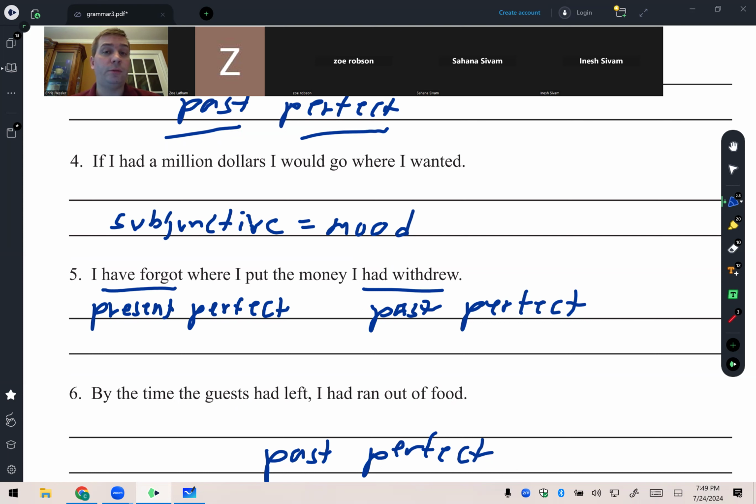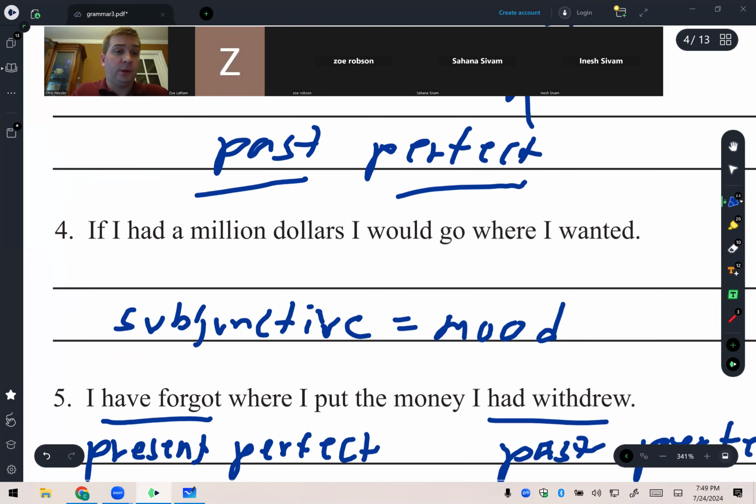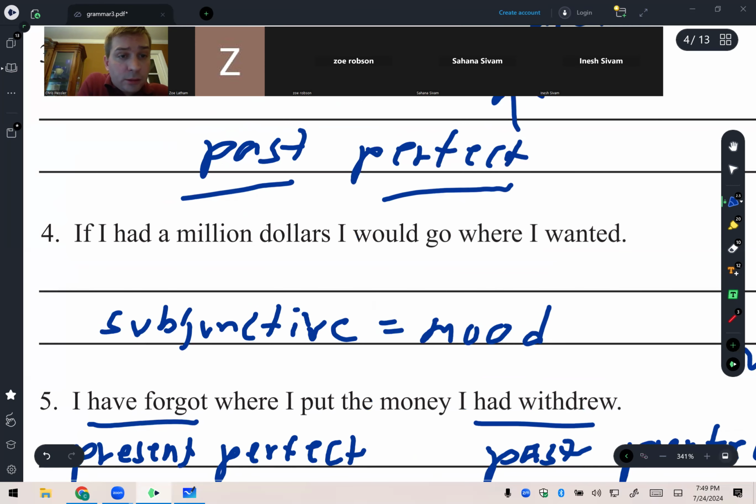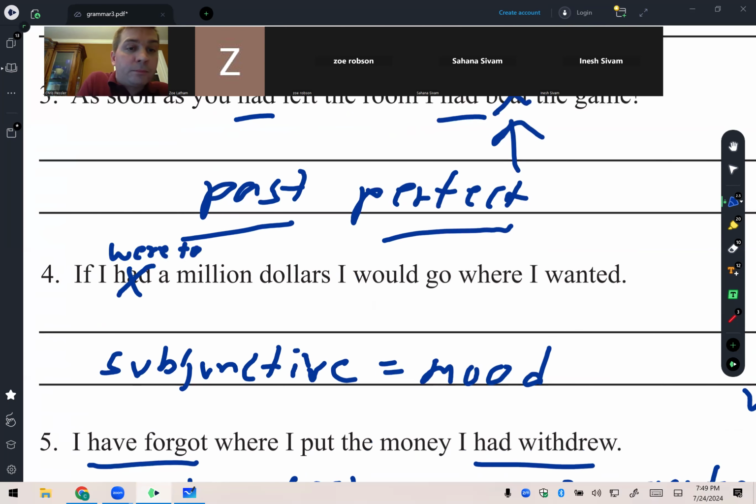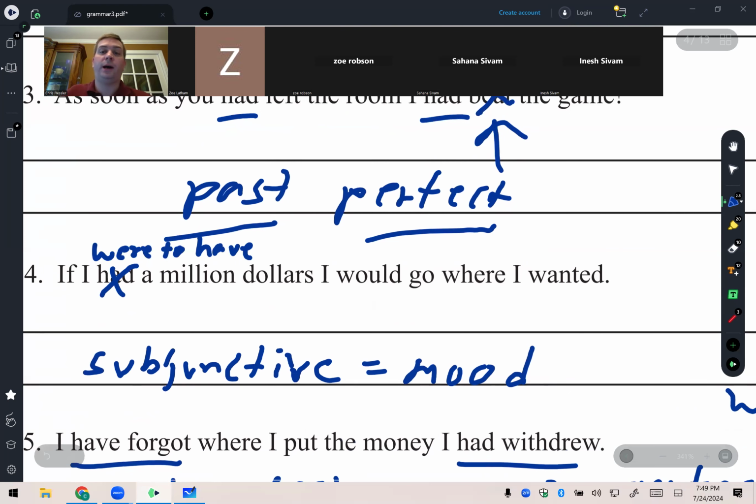So to formulate the subjunctive in English, we use were. I could say if I were president, or in this case, if I were to have $1 million, I would go where I what?